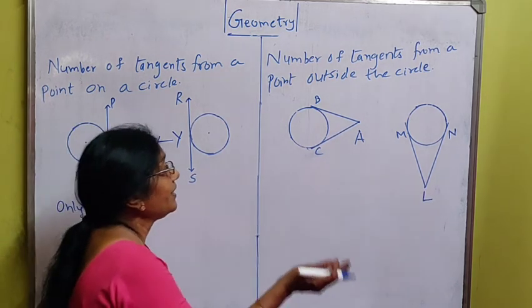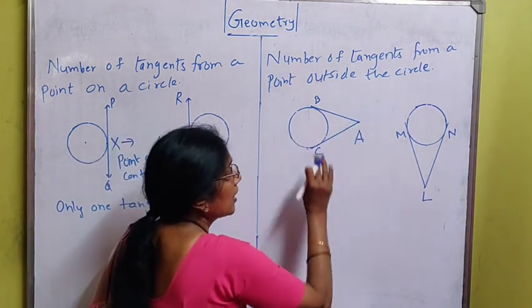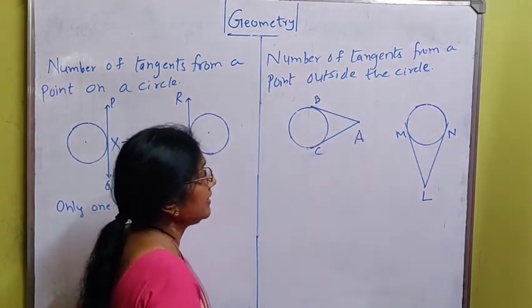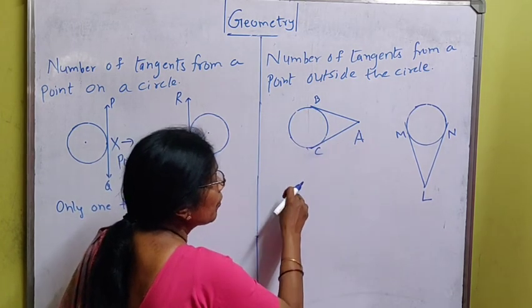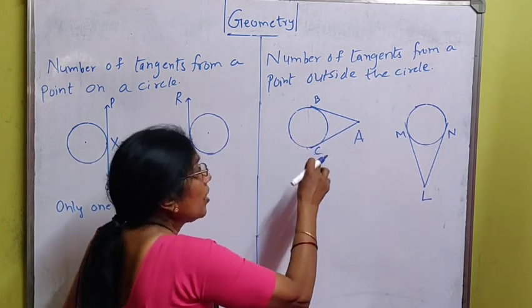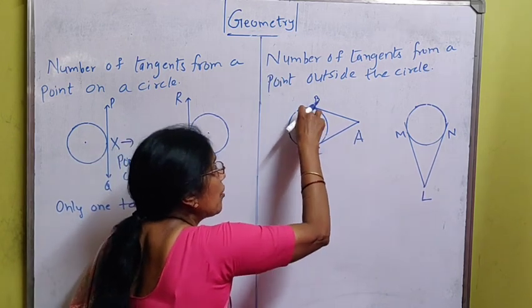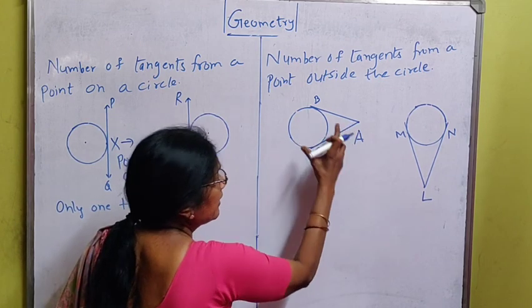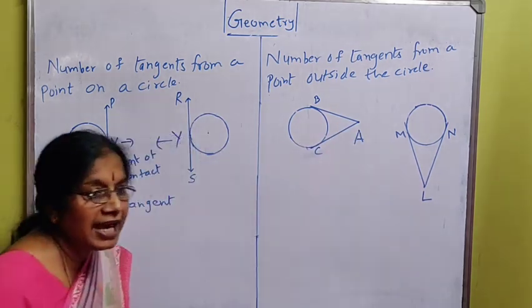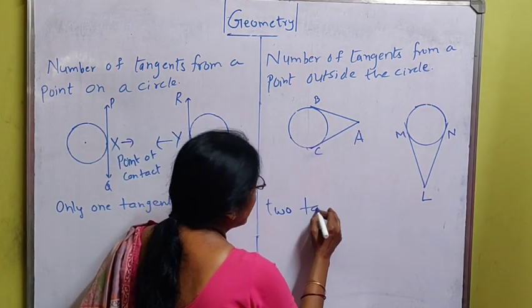Let us go to the other part. What is given? A is given outside the circle. So point A is outside the circle. How many tangents can you draw? Two tangents you can draw, touching the circle at B and C. B became the point of contact, C became the point of contact. So AB became one tangent and AC became the other tangent.